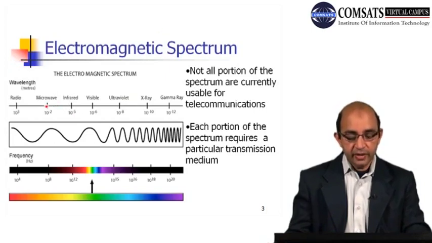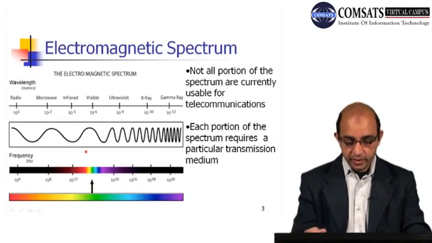In this spectrum we have wavelength, mentioned in meters, and frequency, mentioned in hertz. If we go from left to right, you can see that the wavelength is decreasing, and on the other hand the frequency is increasing or rising. If we move from right to left, the frequency is decreasing.